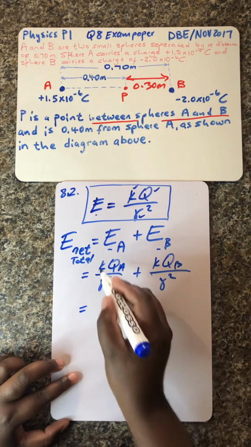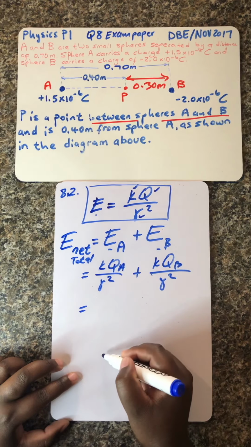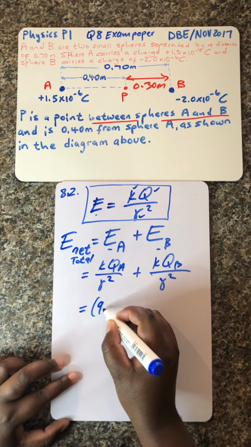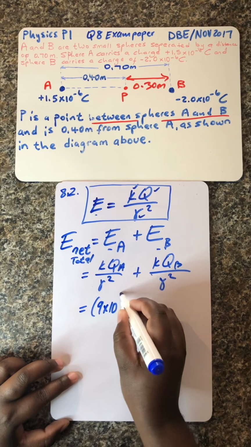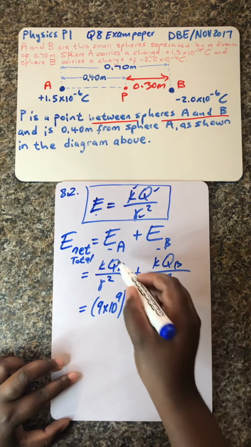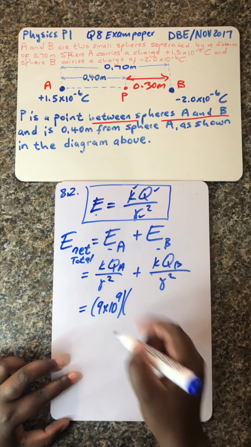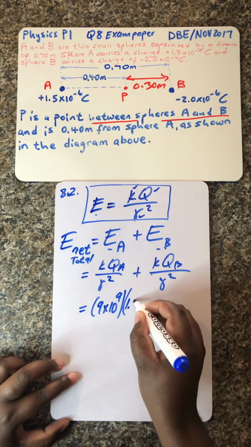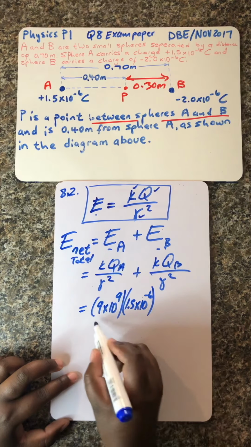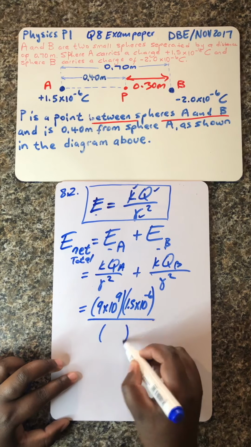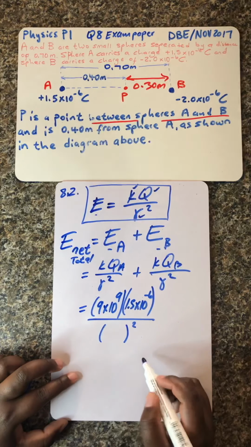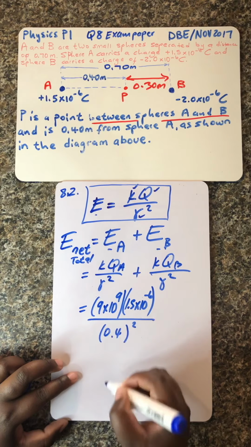So now we substitute. What is K? We've just noted from the physics constants that the value of K is 9 by 10 to the exponent 9. What is the charge of A? It's 1.5 by 10 to the power minus 6, all over the distance from point A to point P, which is 0.4, squared.